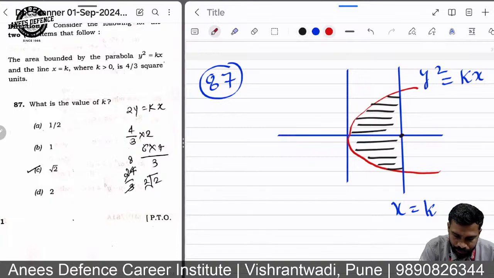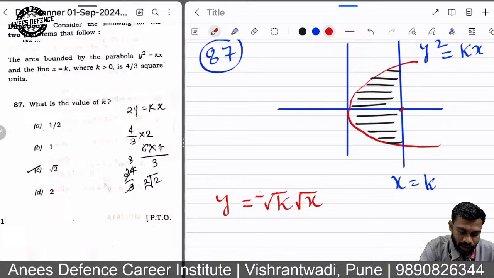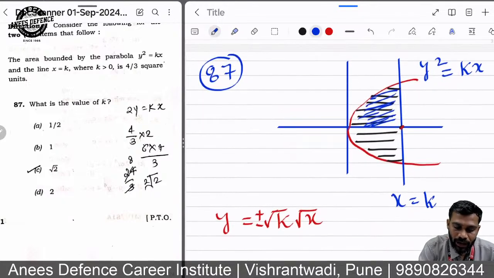So what we can do, we can integrate this function, right? How can we integrate? y will be root k root x, or plus minus we can have, right? But when we integrate, we have to find out this area, this one. And then we have to just double the area, right?